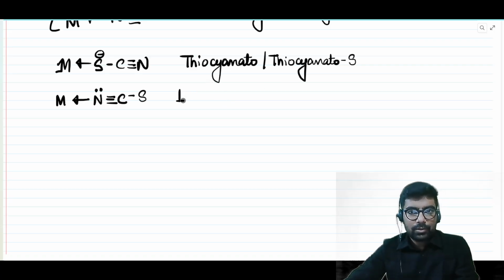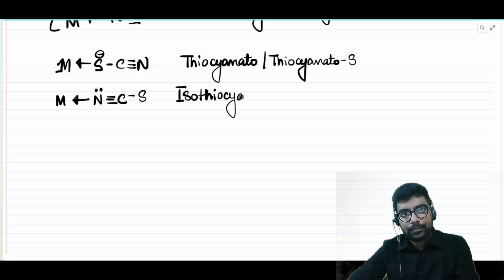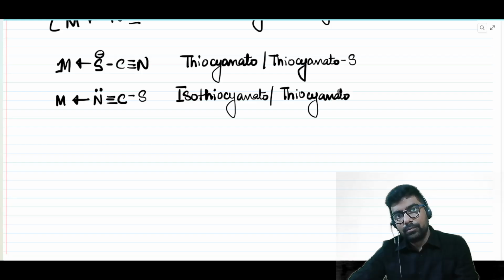This one, we call it isothiocyanato, or thiocyanato N, because nitrogen is the binding site.